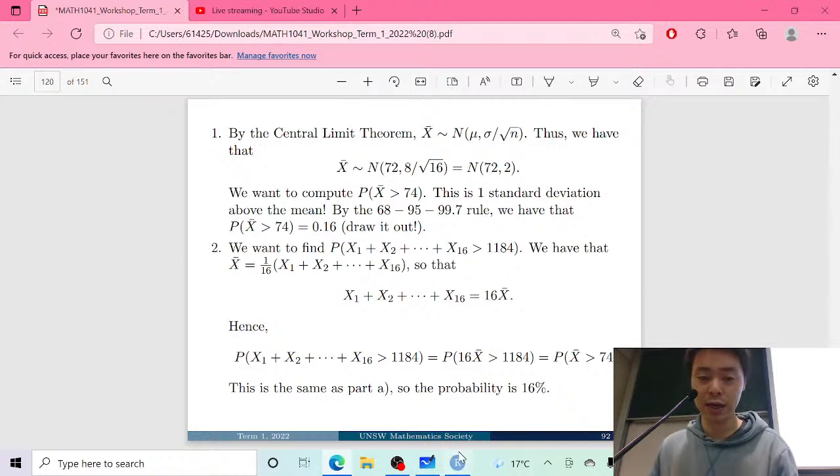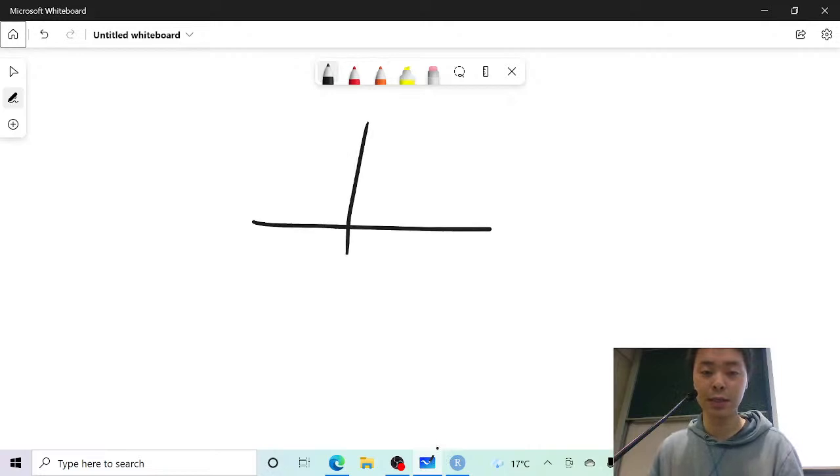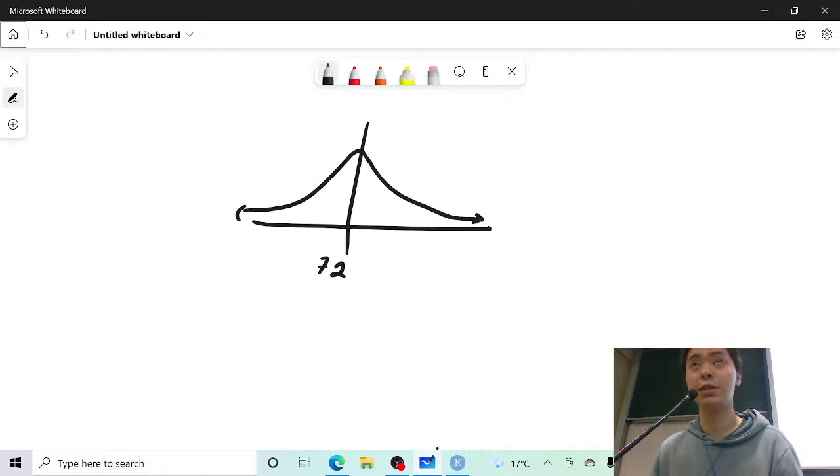Let's have a look at a normal distribution centered around 72. We basically want to find the probability of this portion here. But remember that this proportion here is roughly 68% of all data.